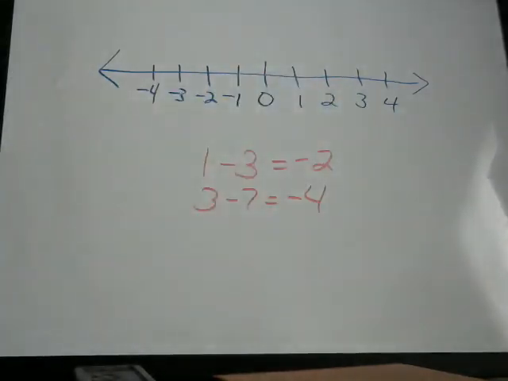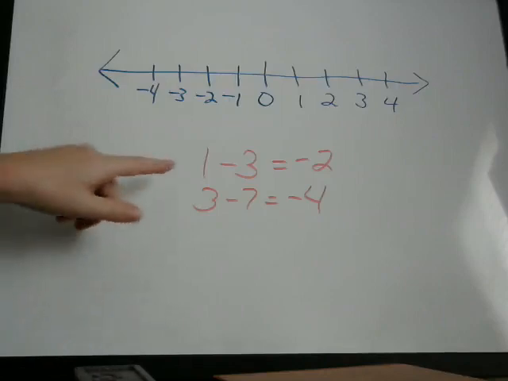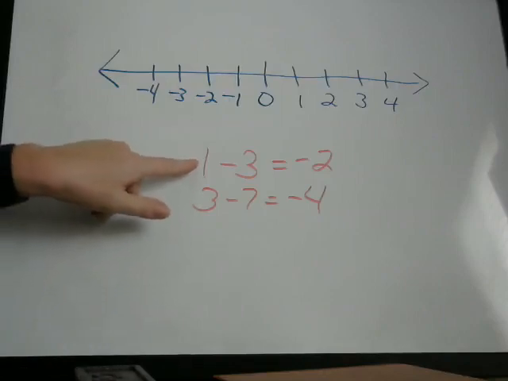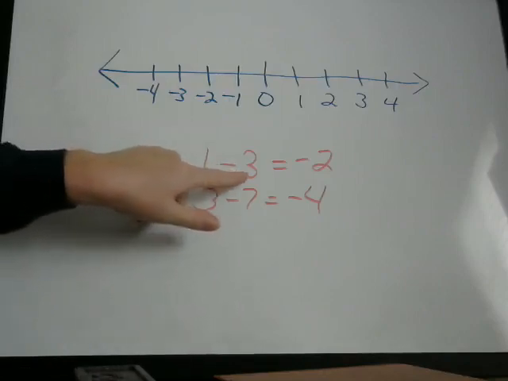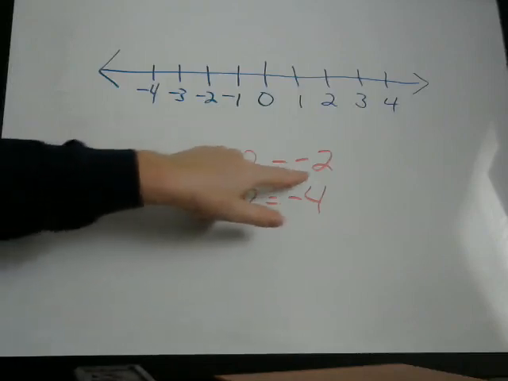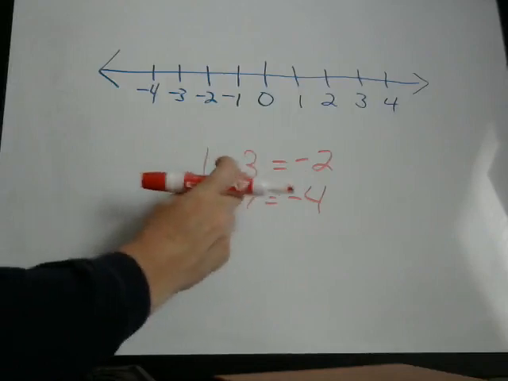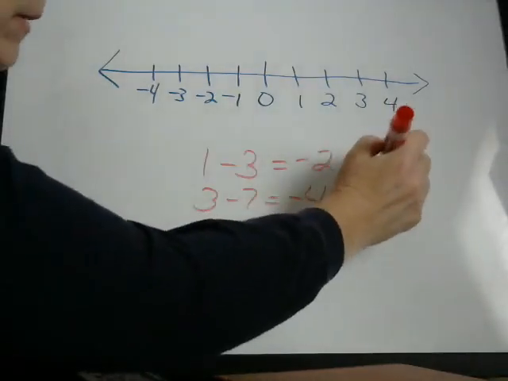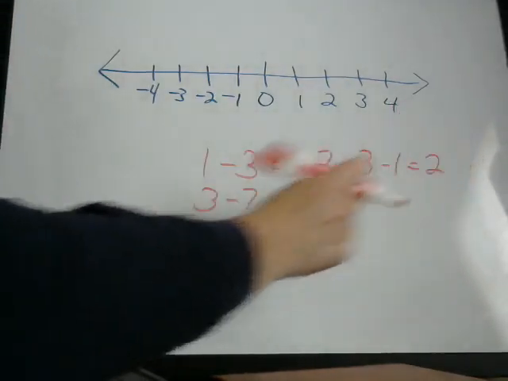So that's mechanically how you can think of it, but obviously when we get into large numbers, we're not going to be drawing out a number line and then physically counting back. So the key is to look at the relationship between these two numbers. If you have a number and you're subtracting something that's larger than it, so 3 is larger than 1, if you look at this relationship, 3 minus 1 is 2.